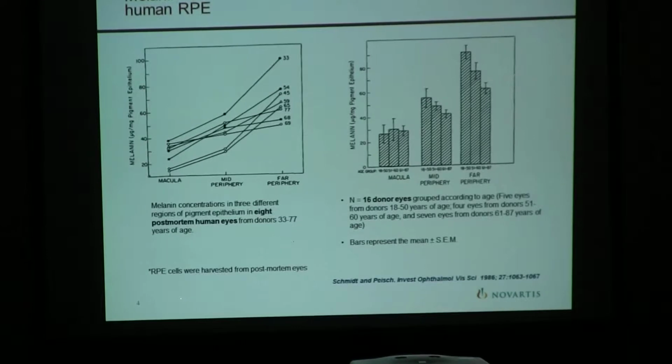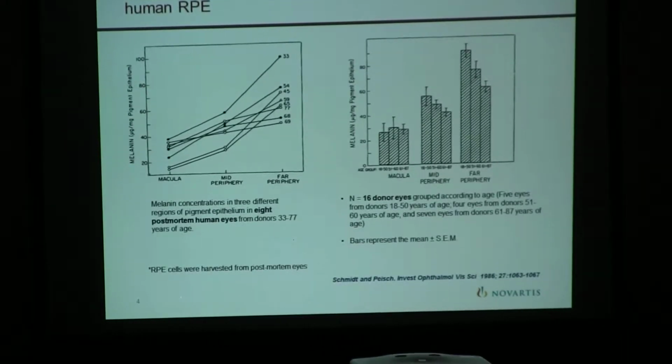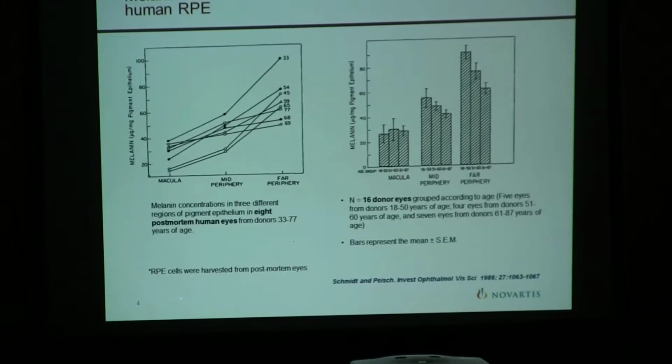And as we see with age, in the peripheral region the melanin content goes down, as you see in this graph, but in the macular region the content remains constant even though it is low.